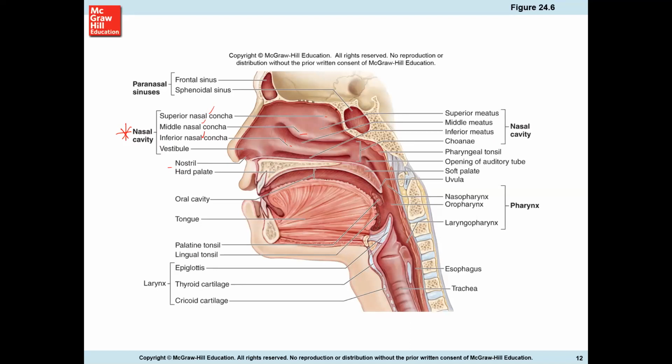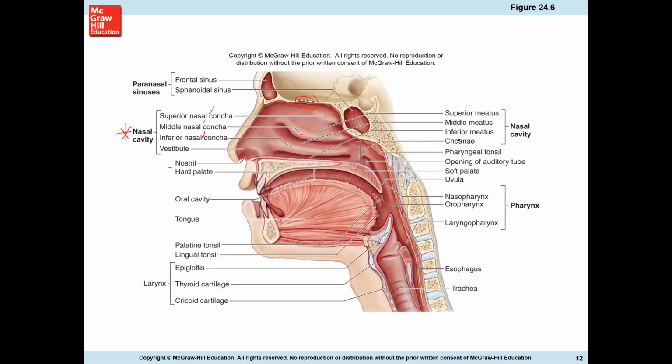So your respiratory epithelium is up in here. Here's, remember, the cribriform plate of the ethmoid bone, just above there. So that has the receptors for the chemicals of smell, right? So there are foramina in the cribriform plate.